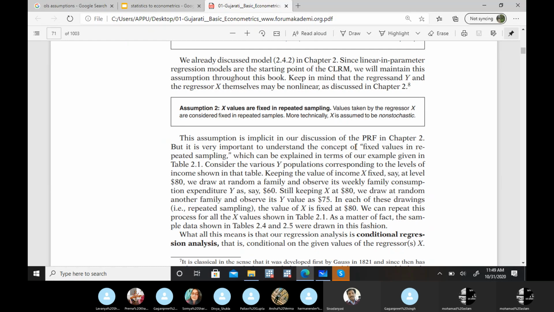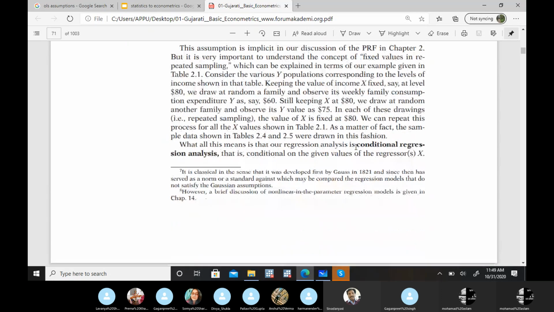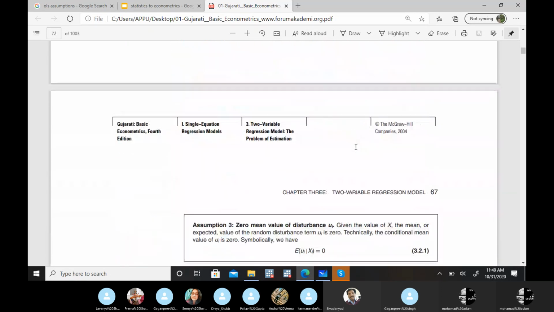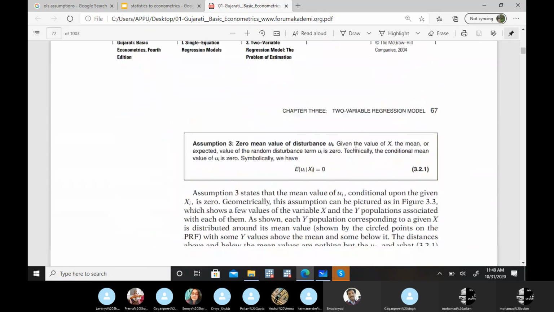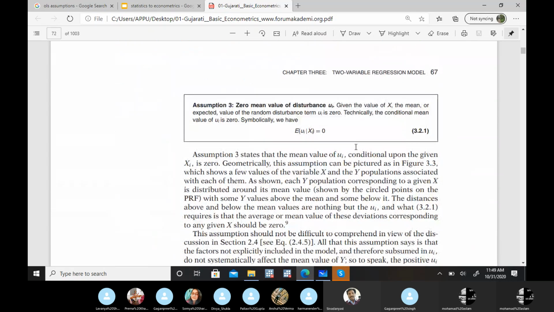Then we took the subtraction of actual y minus y hat, and that was the residual term. So in calculation, it is in the end. But in derivation, it's in the first place that we are trying to minimize the residual term. So this sequence and trick you must not miss. This is something unique about this subject: in all other subjects there is some way to read and understand the subject, and this is the requirement of econometrics.